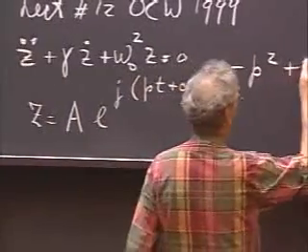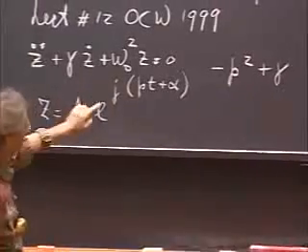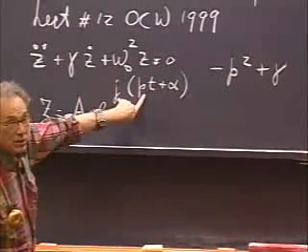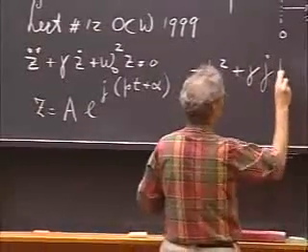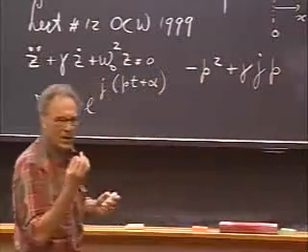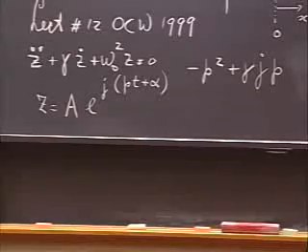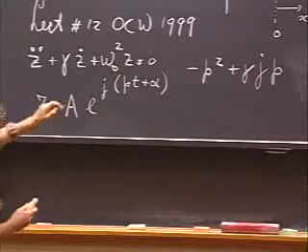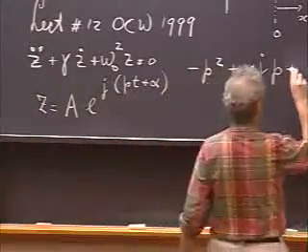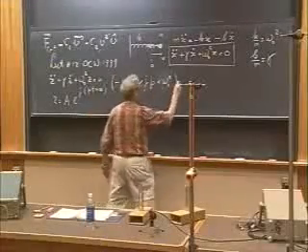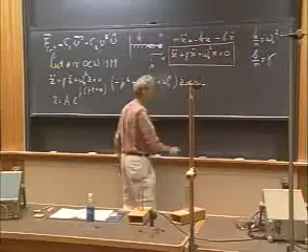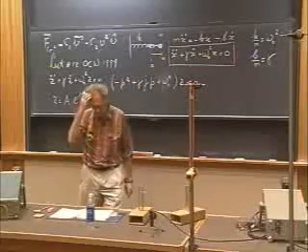Then I have plus gamma, and what pops out is jp, because it's only the first derivative. You have to be very careful that you can distinguish your j's from your gammas. And then you get plus omega 0 squared, and the whole thing times z, and that must be equal to 0.